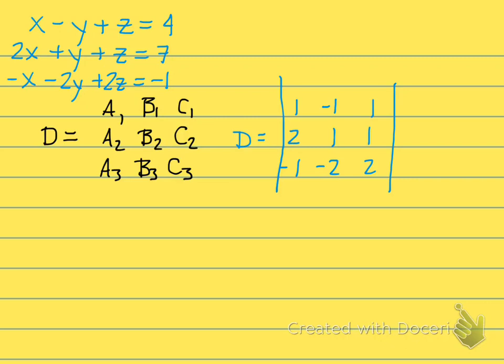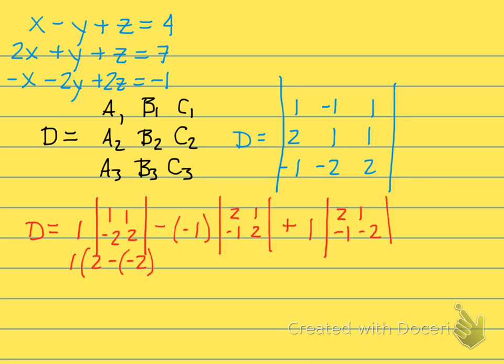Now when we solve, here's how we solve. We're going to say D equals, and we're going to create these matrices like this. So let me back up just a little bit. What I've done is I've taken the top row in our D matrix, and I take my first number in my first row, which is a 1. Then I create a matrix beside it that only uses values that are not in the same row or same column as that 1.